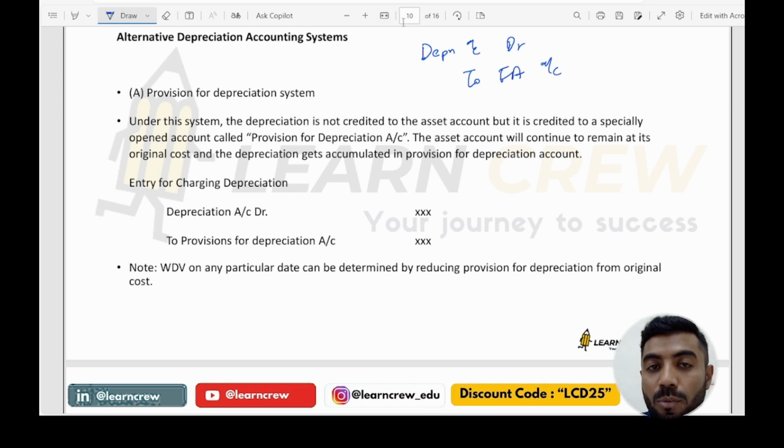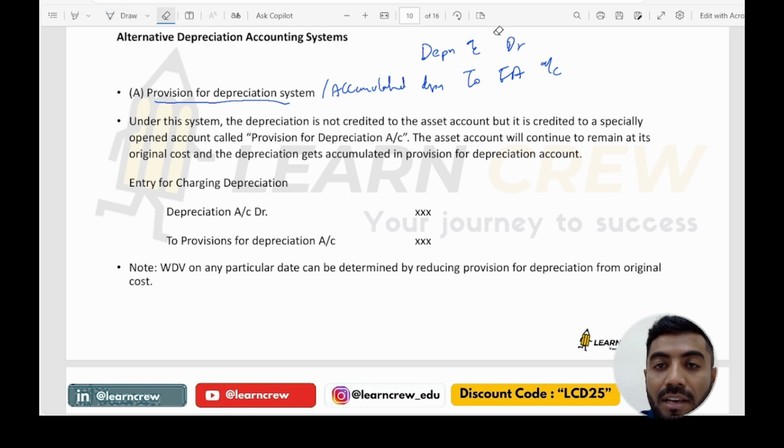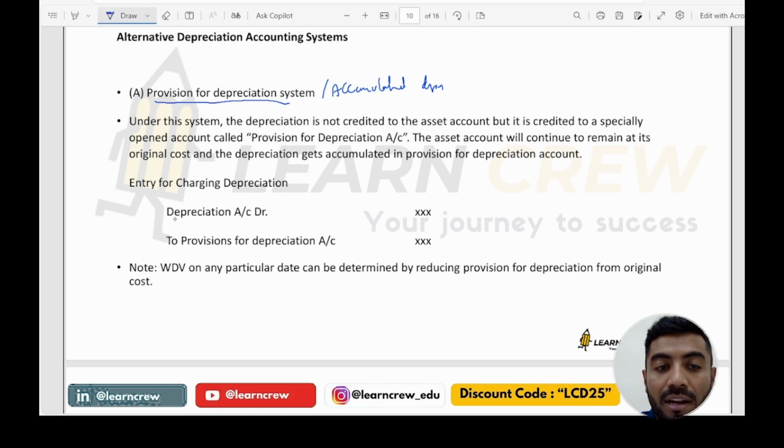Whenever you have a provision for depreciation account, also called accumulated depreciation, how do you account? It is similar. Instead of posting it to an asset account, you'll be posting it to the accumulated depreciation account. So basically, the entry will be depreciation account debit to provision for depreciation account.